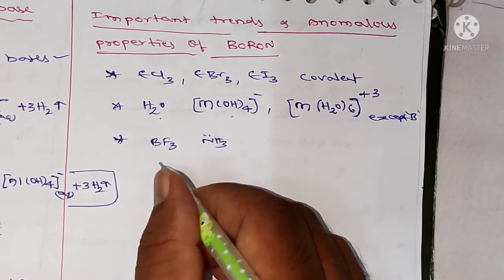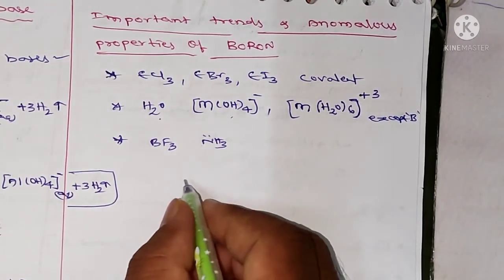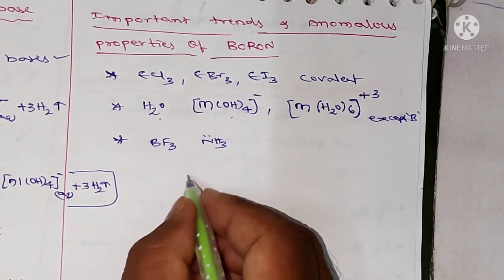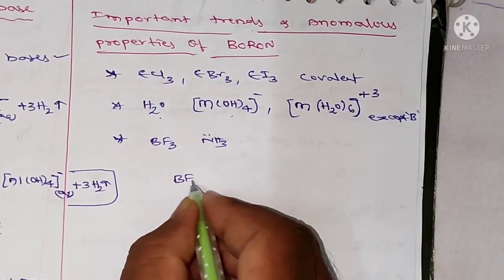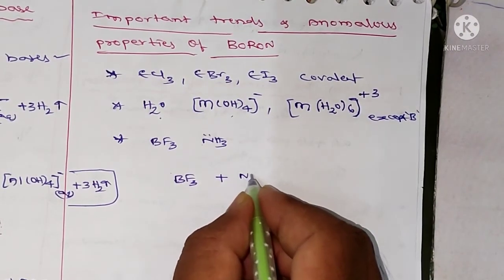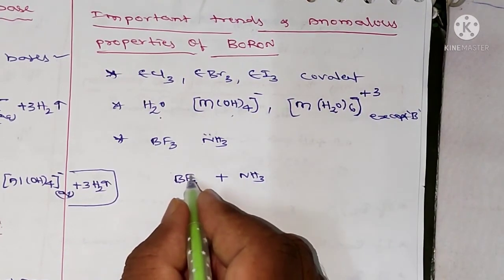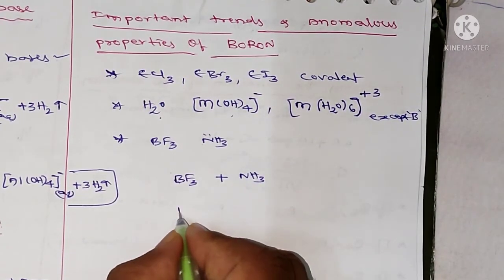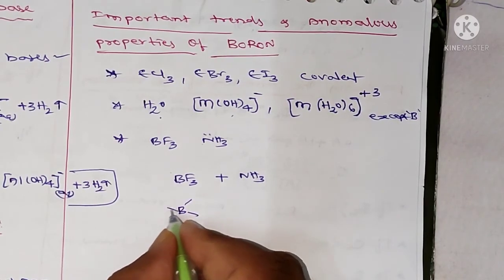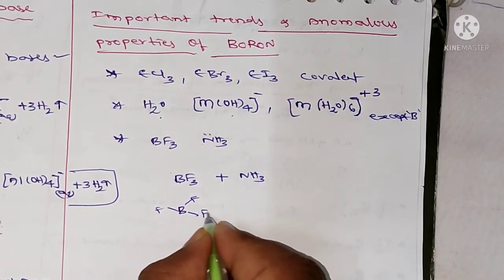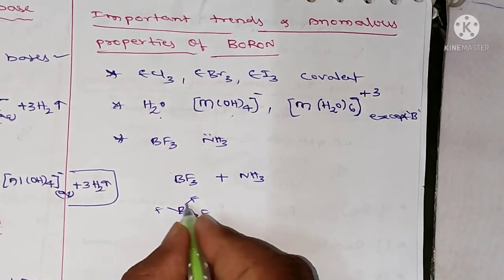To complete the octet around boron, boron accepts the electrons. Around boron we have only 6 electrons: 3 fluorines, each bond 2 electrons, 2 plus 2 plus 2, total 6 electrons.